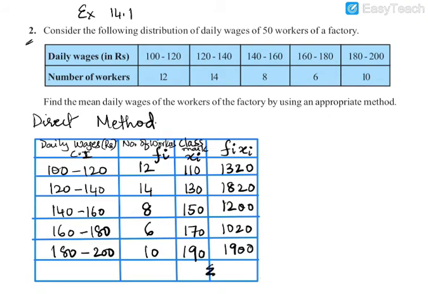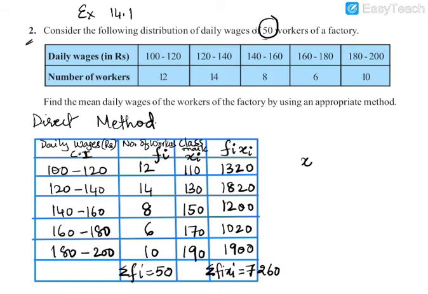Now we will find summation fi into xi, that is equal to 7260, and we will also find summation fi, which is equal to 50. It is already given in the question that there are 50 workers. So the total number of workers over here should be 50.